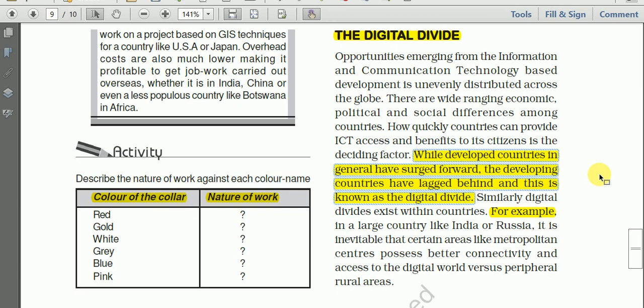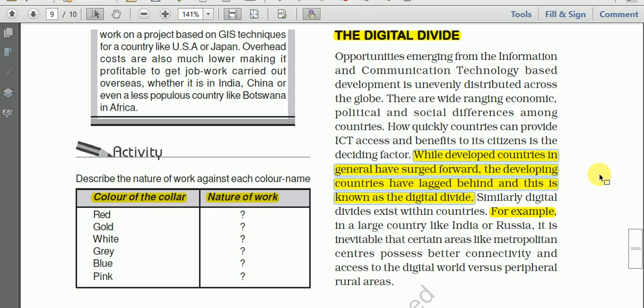That means, again I tell you, digital divide refers to the gap between the developed countries and the underdeveloped and developing countries in the field of ICT.